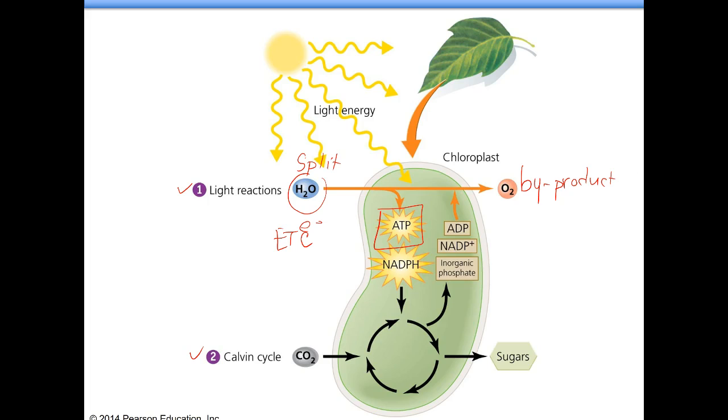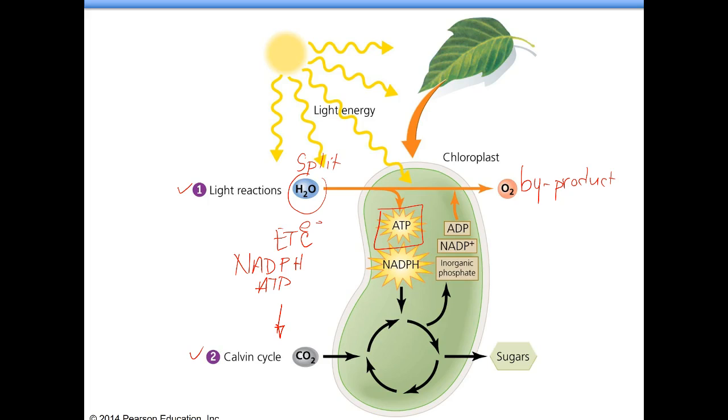As a part of these light-dependent reactions, we're also going to generate some electron carriers. One of those electron carriers is going to be NADPH. And NADPH, as well as ATP, will be used to power the light-independent reactions, which is known as the Calvin cycle.